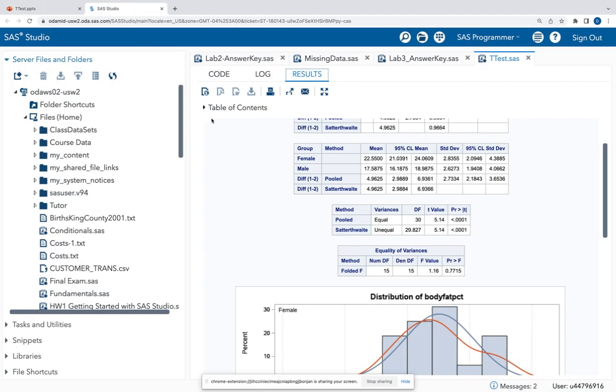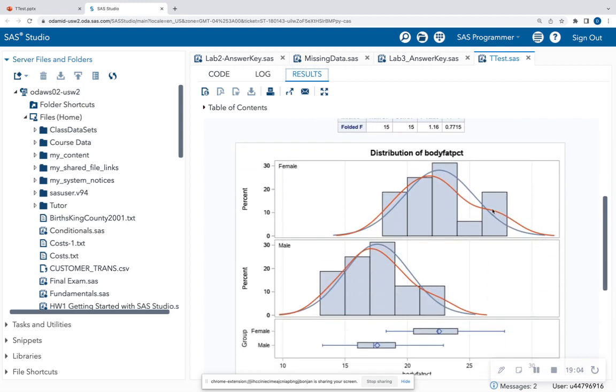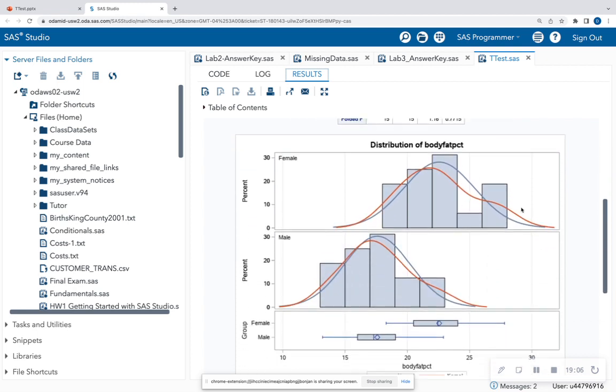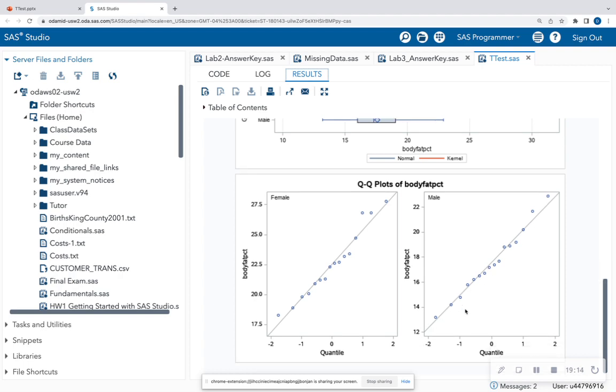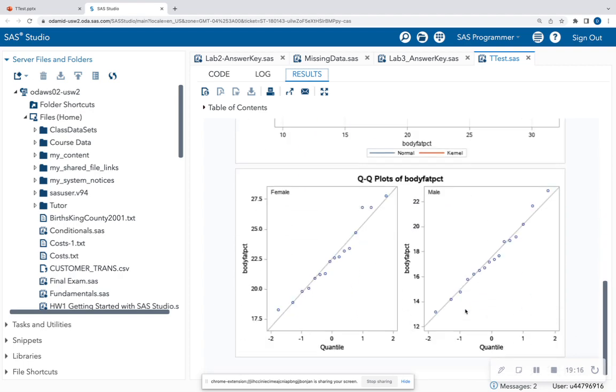So in this case, I'm going to conclude that I'm going to reject the null, which means that both the male and female's mean body fat percentage is in fact different than one another. I can also have normal distribution plots that will show up, as well as QQ plots. The closer your dots are around this line means that it's more normal, okay? So these are things that I can do to check for normality.